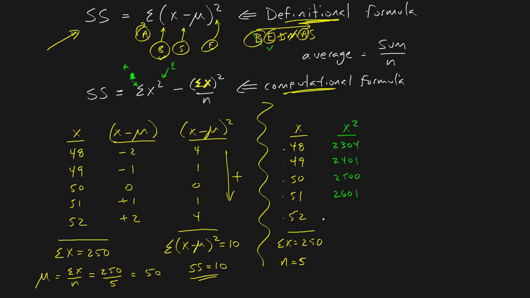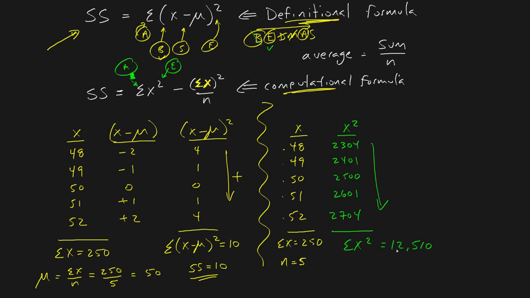And 52 squared is 2,704. Now, I don't just need x squared. We've done the exponents. We need to now take care of the other operation here. We need addition. We need to add these up. That'll give me the sum of x squared. And when you add up all 5 of these values, it comes out to be exactly 12,510.